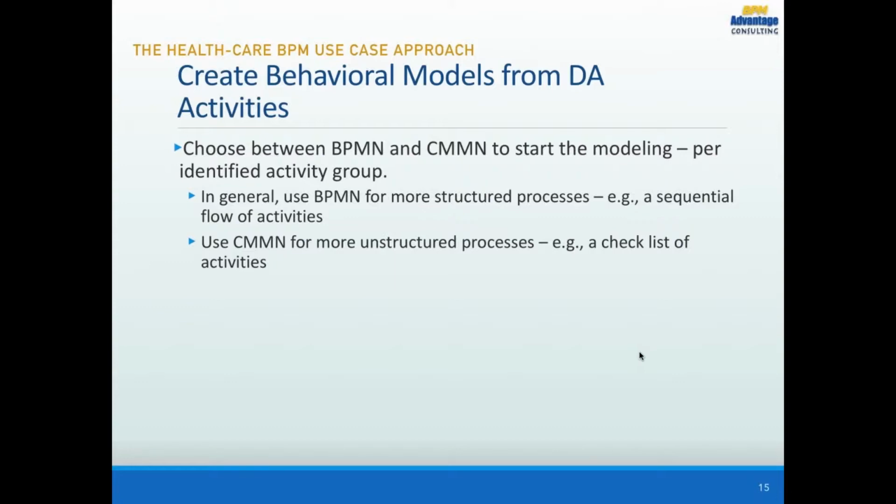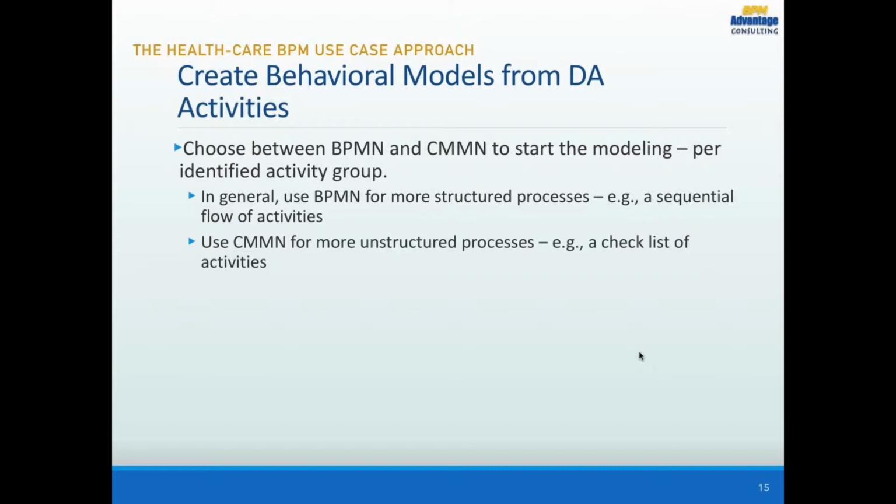And you would use CMMN for more unstructured processes. For example, you might just have a checklist of things that need to be done, but no particular sequence for this. And in general, your SME is probably going to have a pretty good idea of the general nature of those processes.